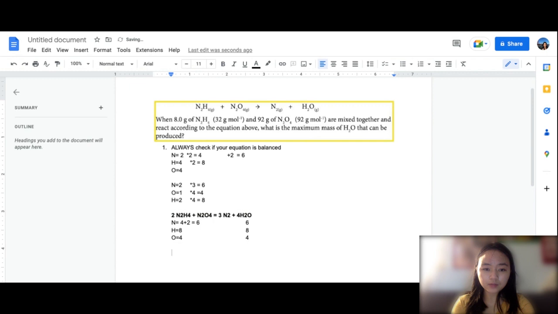Okay, the second step would be to understand the question, which is asking what is the maximum mass of water that can be produced.